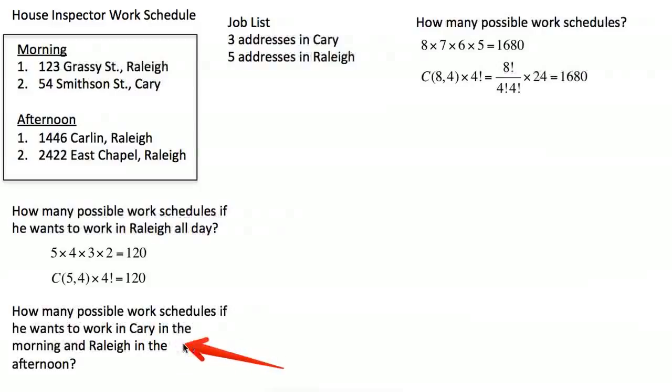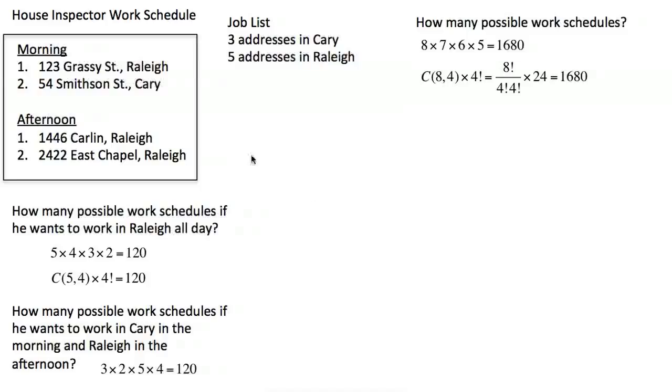Next, let's consider how many possible work schedules there would be if he wants to work in Cary in the morning and Raleigh in the afternoon. In other words, Cary in these 2 positions on the work schedule and Raleigh in the afternoon too.